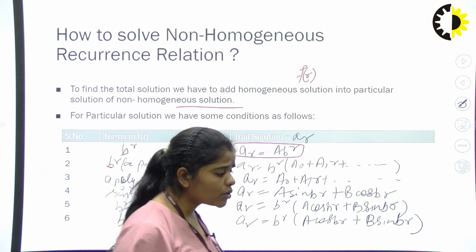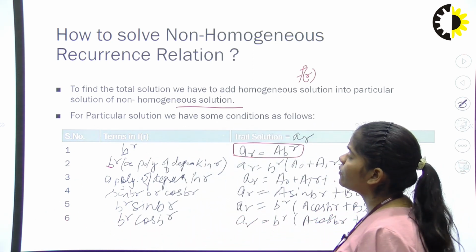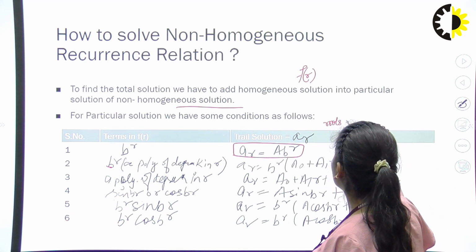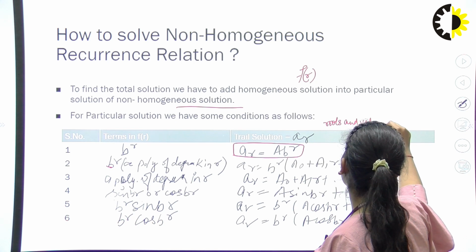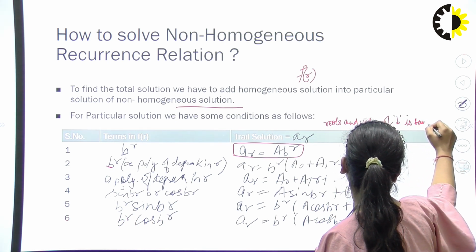But there are two cases in this condition: if the roots and the value of b are the same, right?